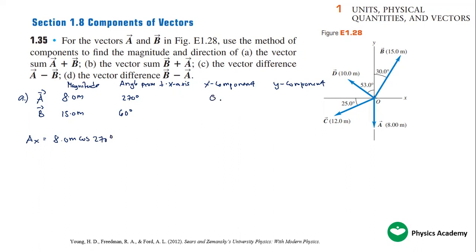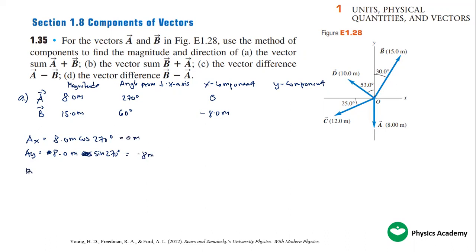And 8 sine 270 is negative 8. So our AY is negative 8.0 meters, 8.0 meters sine 270 degrees, and this one, AX, is 0.